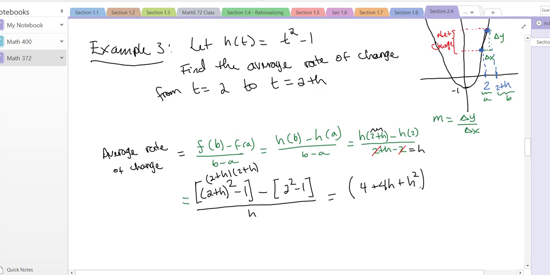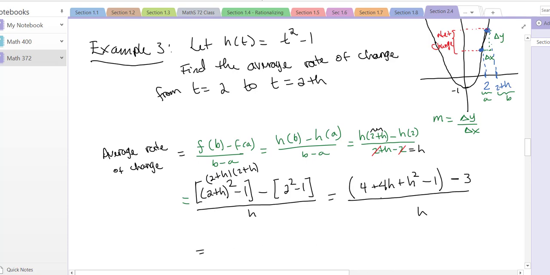Be careful not to make the mistake of just saying 4 plus h squared. FOIL so that you get those middle terms. Minus 1. And then minus h of 2. So 2 squared is 4 minus 1, that's 3, all over h.